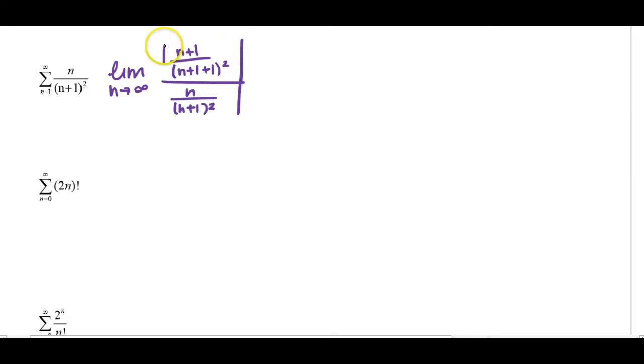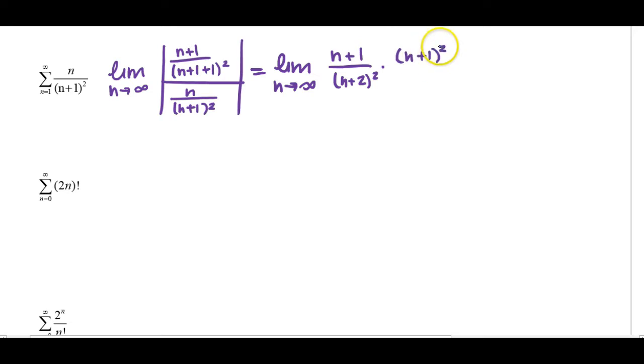All that in absolute value bars. So now this is the limit as n approaches infinity, and I'll have n plus 1 over n plus 1 squared times, so that was the numerator, and then I'm going to do the reciprocal of the denominator, so n squared over n.